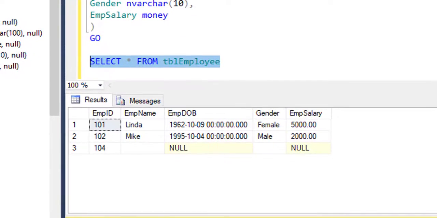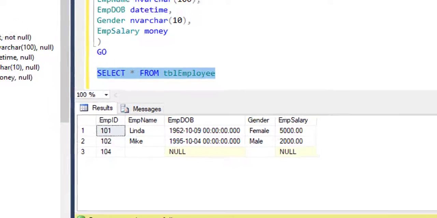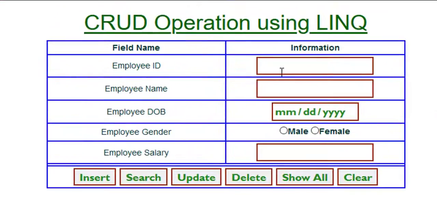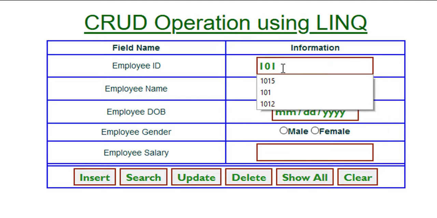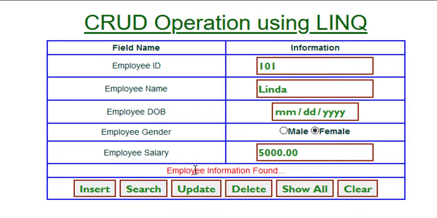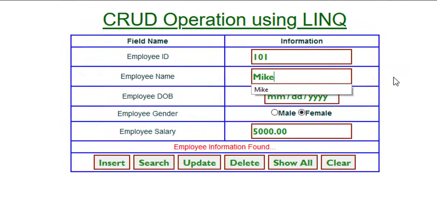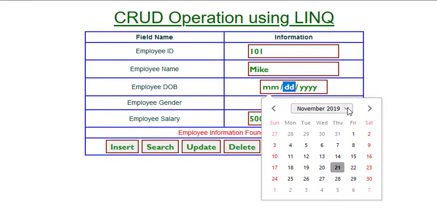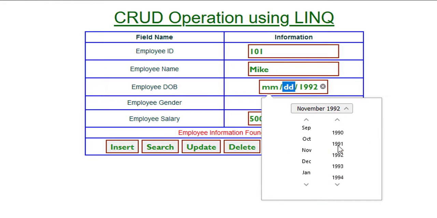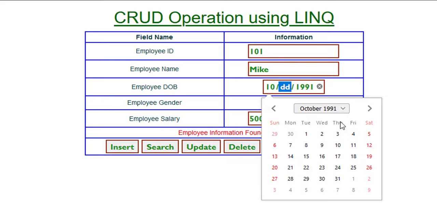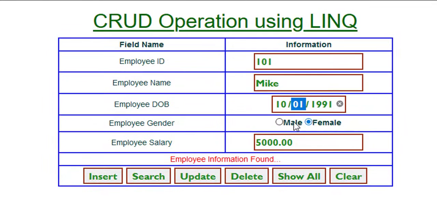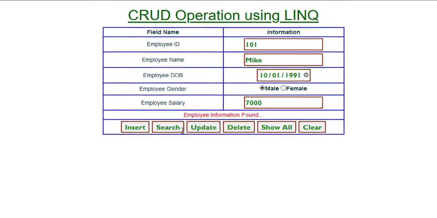Just see the data again. Suppose I want to update 101. Search by 101, search. I will update this with a new name, Mike, date of birth, male, salary 7,000, update.